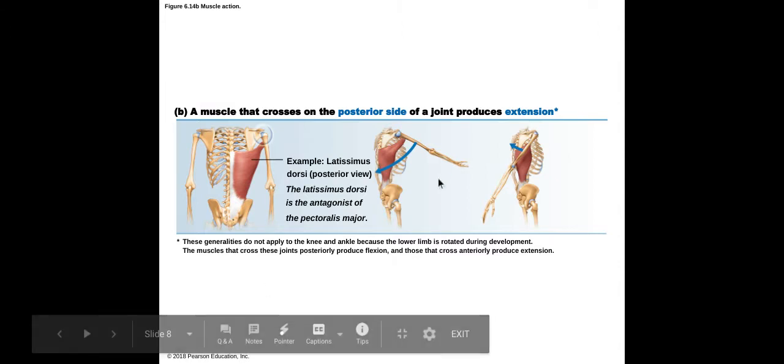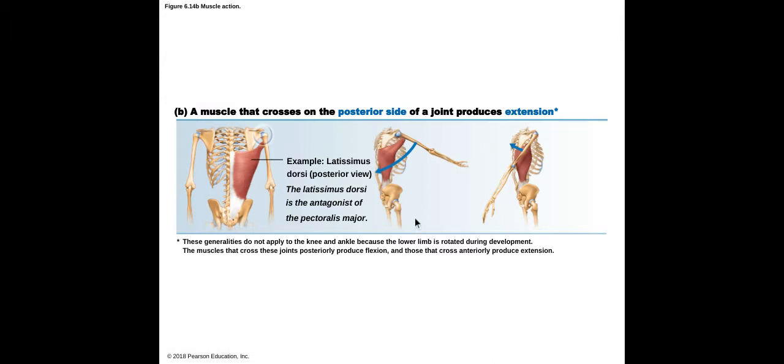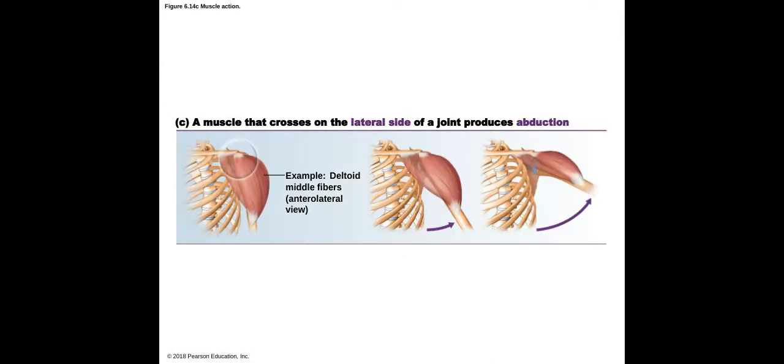So on the back side, an example would be the latissimus dorsi in your back. Something called abduction is a muscle that crosses the lateral side of a joint. An example would be the deltoid, your shoulder.